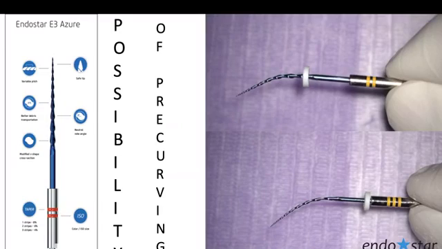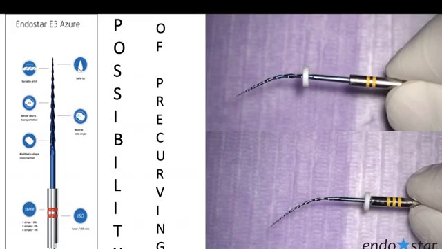This modified section will give me the opportunity to be very efficient when I work with this instrument inside the canal. It's a cutting instrument, and we love cutting instruments. And also, of course, we have a safety tip. The tip of the instrument is safe, so we cannot do a ledge when we are working with the instrument inside this canal.